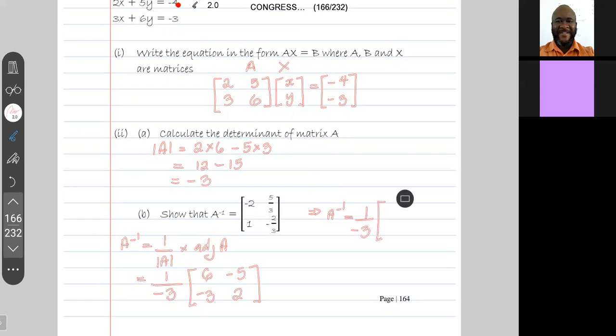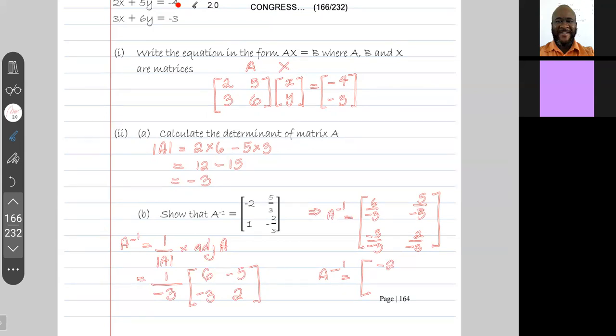All right, let's go further. Multiplying by 1 over -3 is the same as saying divide by -3. So this is 6 over -3, -5 over -3, -3 over -3, and 2 over -3. So therefore, A inverse is equal to -2.